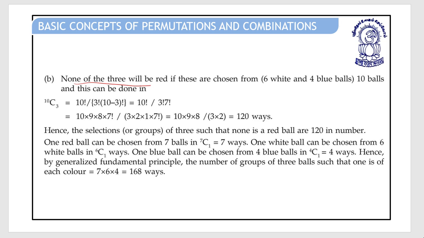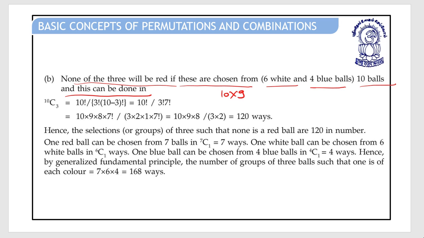B. None of 3 will be red if these are chosen from 6 white and 4 blue balls, 10 balls, and this can be done in 10C3. So 10 factorial upon 3 factorial, 10 minus 3 factorial. So 10 factorial upon 3 factorial of 7 factorial.